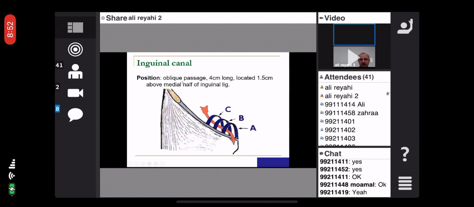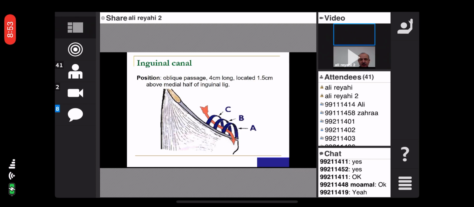What is the position of the inguinal canal? The inguinal canal is an oblique passage. The length of the inguinal canal is 4 centimeters, and it is located 1.5 centimeters above the medial half of the inguinal ligament.